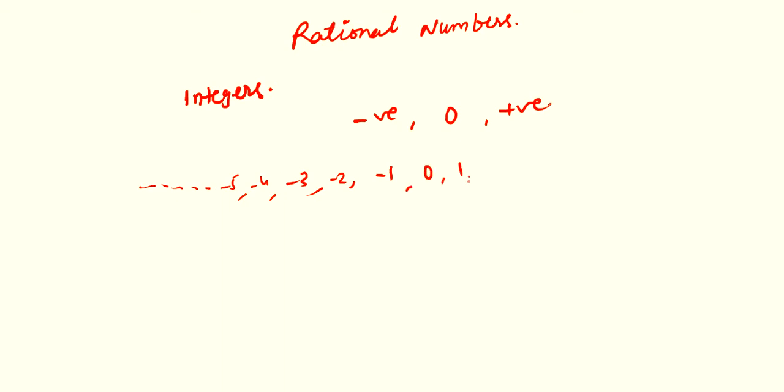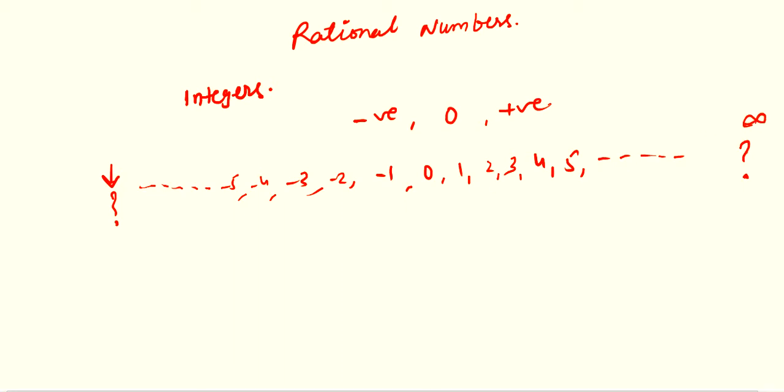Then 0, then +1, +2, +3, +4, +5 and so on. And so on means we don't know what the last number will be, same on the negative side. We know the last number is infinite, so we could write infinite, but that is not in the syllabus right now.